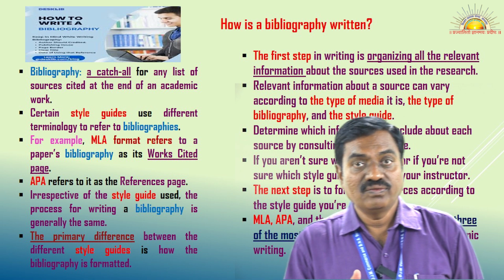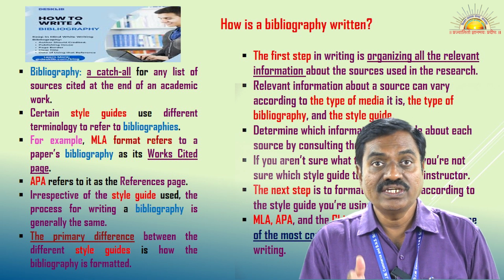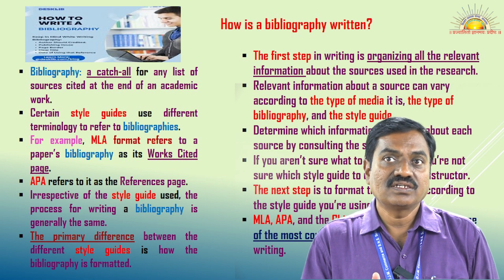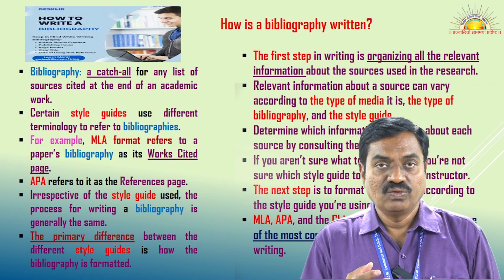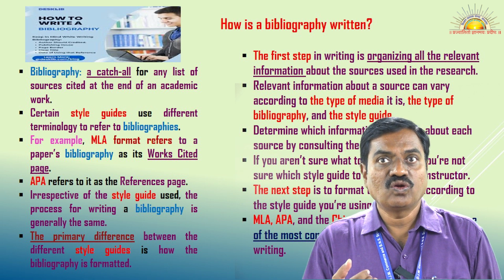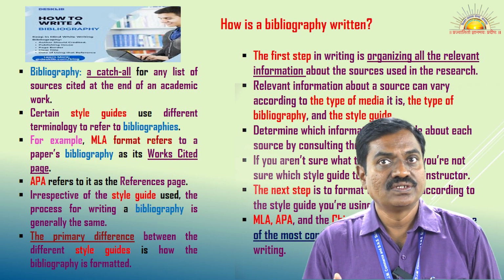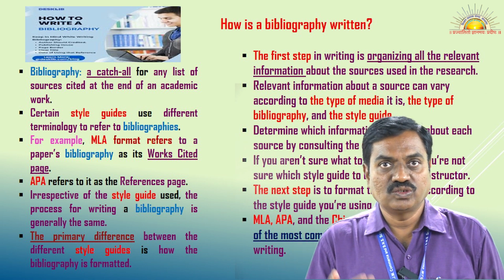So, one should determine which information needs to be included about each source by consulting the style guide one is using. If we are not sure what to include, or if we are not sure which style guide to use, then as I suggested, ask your instructor or supervisor.